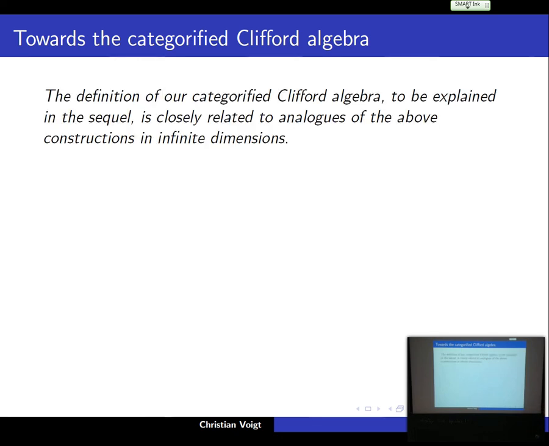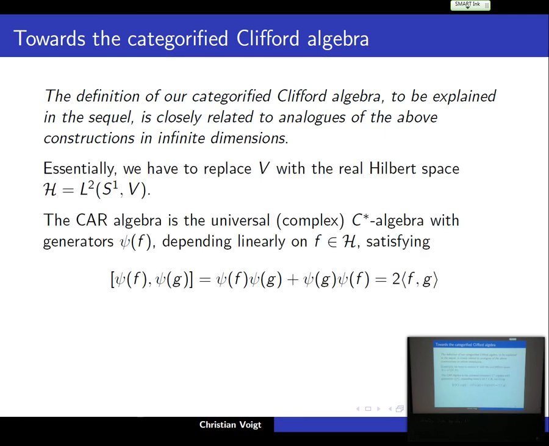And the source for that is actually very, very simple and well known, although people haven't really looked at it from the point of view of higher categories so far. What one has to do is transport this construction of Clifford algebras and spinors to infinite dimensions. So instead of looking at finite dimensional inner product spaces, one has to move to infinite dimensions.